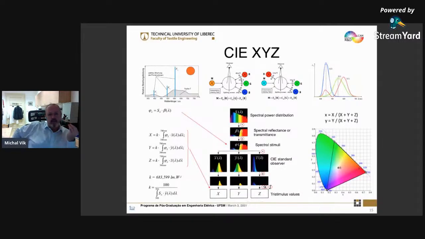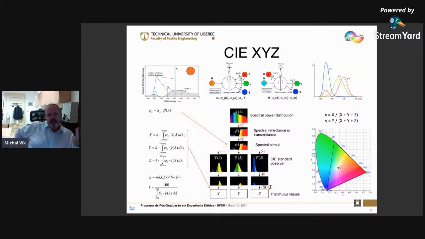If we discuss color rendering of artificial light sources, our start is with the CIE XYZ system. This system was adopted in 1931 by the CIE Commission. And what is important to understand from this system?